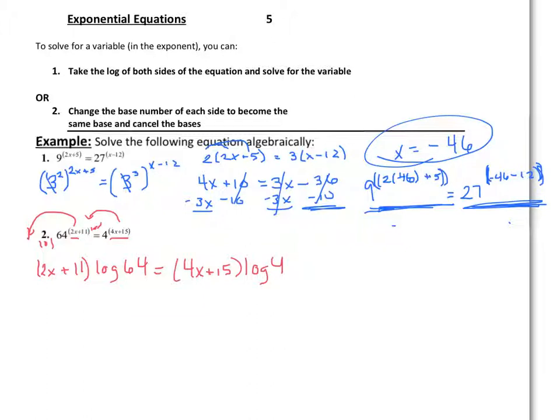So the first thing I'm going to do is get rid of my log. So I'm going to divide both sides by log of 4. I always say divide the larger log value by the smaller log value.